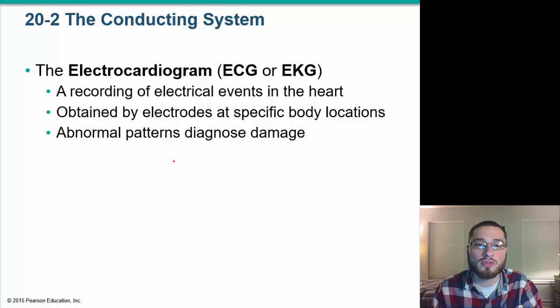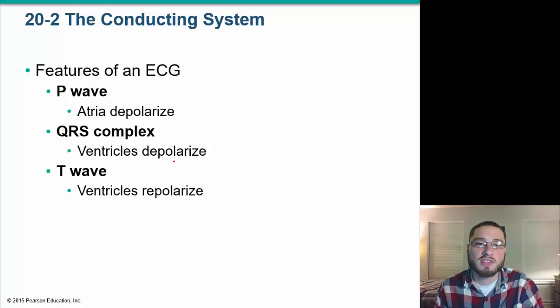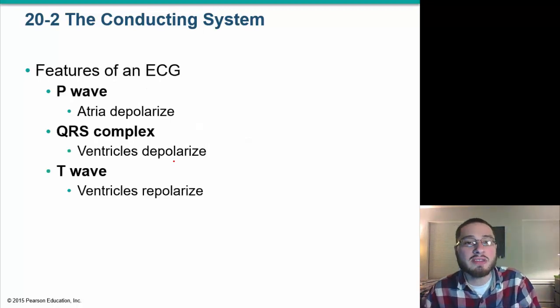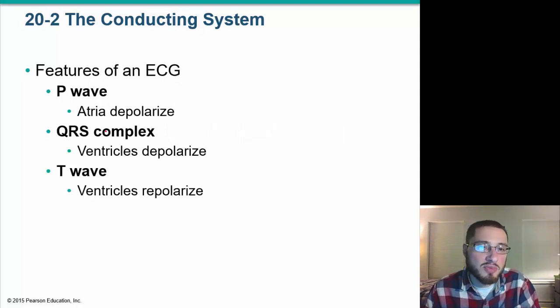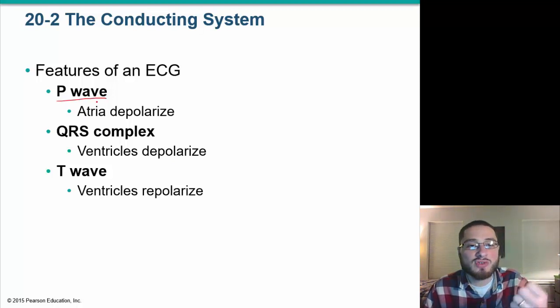EKG, ECG, remember that's recording electrical events in the heart. And then when we look at the EKG or the ECG, there are different waves that we are looking for and we are looking at. When we look at a P wave, this is atrial depolarization, which means that the atria are contracting. When we look at the QRS complex, that is the ventricles depolarizing or contracting, and then the T wave is the ventricles repolarizing.